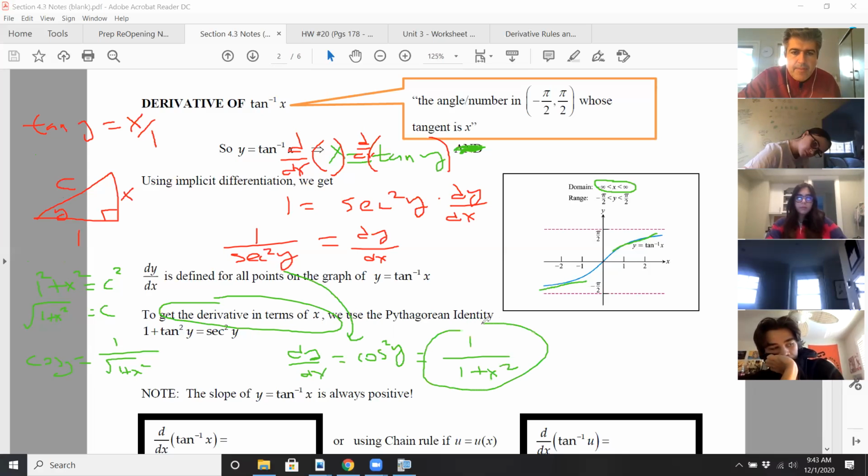So that's the derivative of inverse tan. It's just 1 over 1 plus x squared. And that should always stay positive. You see here, we have a bunch of positive tangent lines, so it should always stay positive.